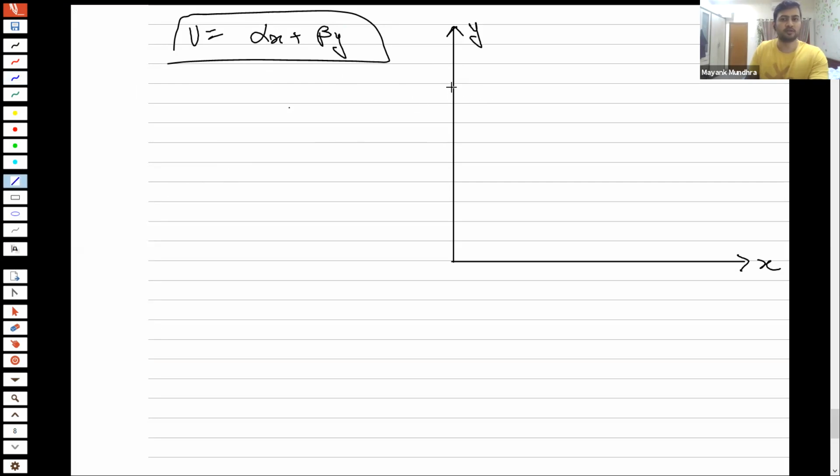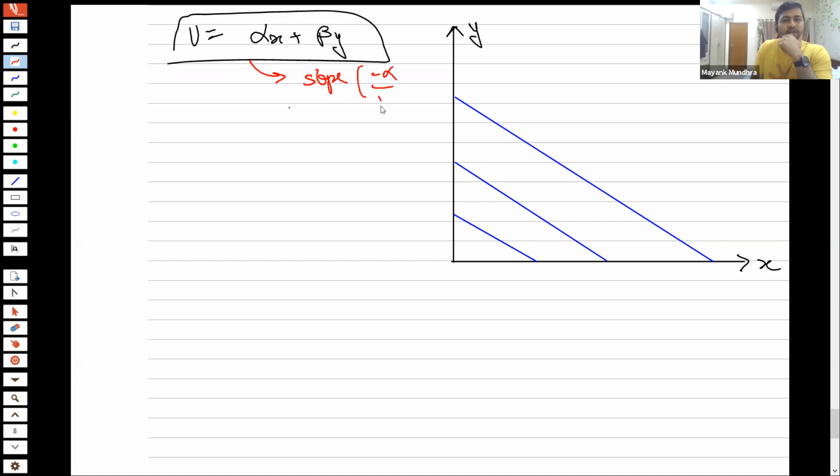Okay, so these will be the ICs. Let's say these are the indifference curves that I have. This thing has a slope of minus alpha by beta. Now my budget line is I equals Px x plus Py y.